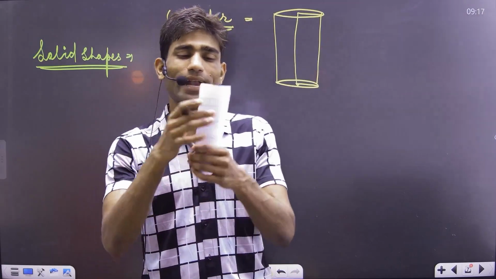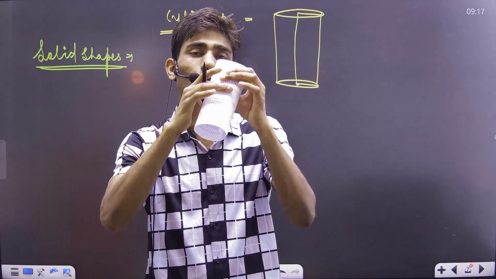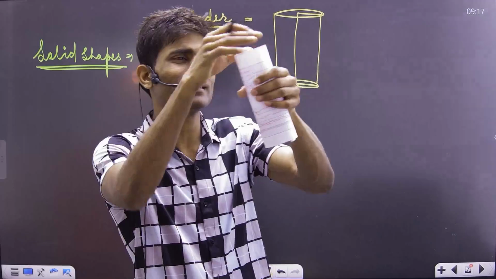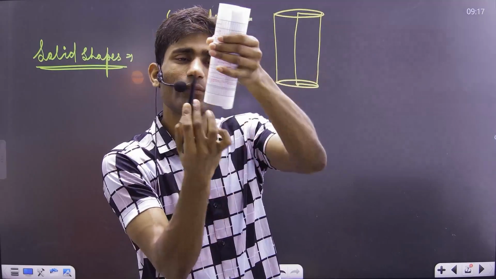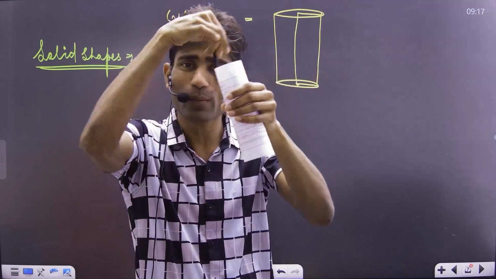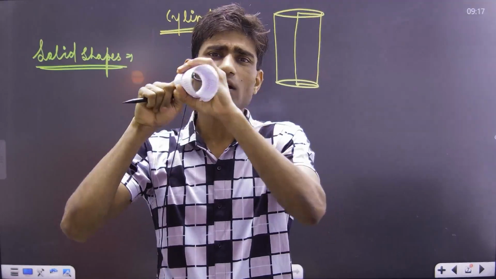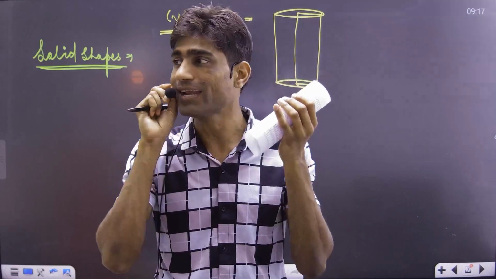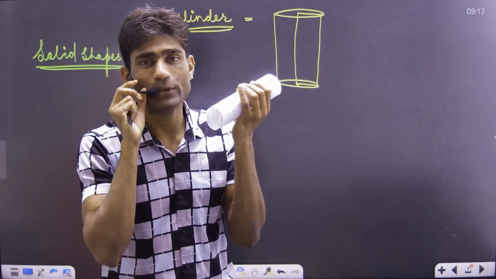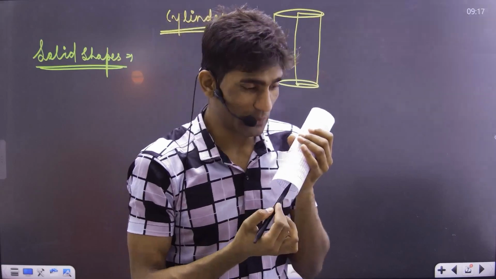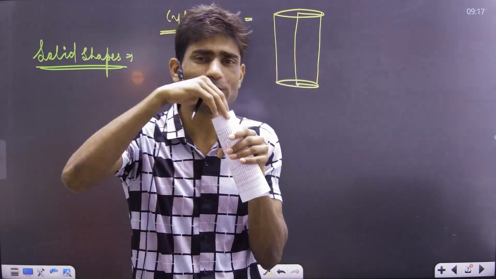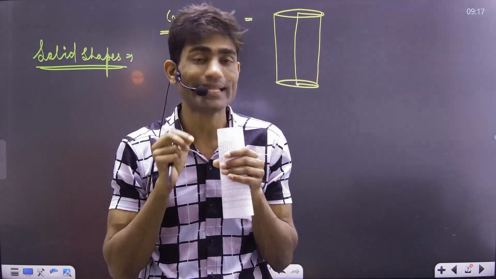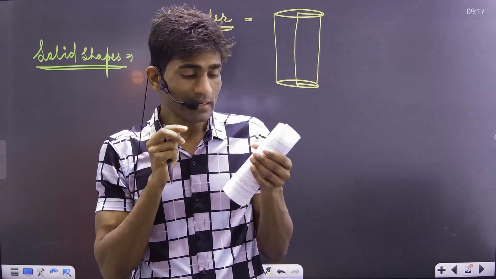Now see, I built one cylinder for you all, a cylindrical shape. All around we have the curved surface area or lateral surface area on the outside. The inside part we call the volume, meaning how much space we have inside that cylinder, or how much water we can pour inside it.